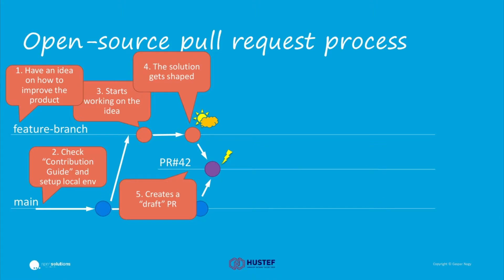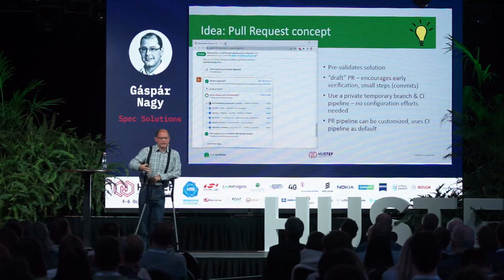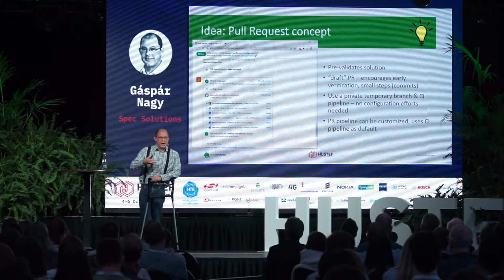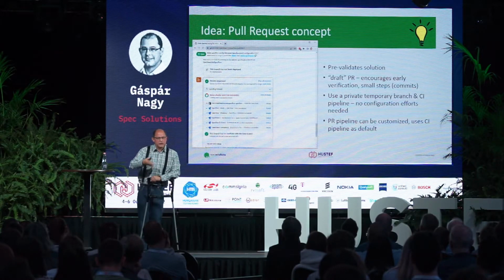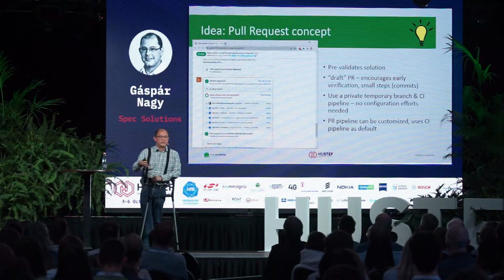I think that's the most important idea, at least from the process point of view of pull requests: they encourage early validation, early verification of the work. And by having that, people are also encouraged to do smaller steps. With smaller steps, it's much less risky at the end. So that's very good.